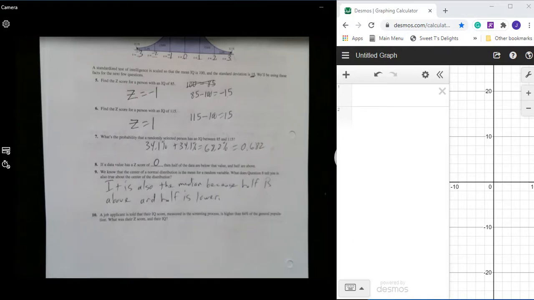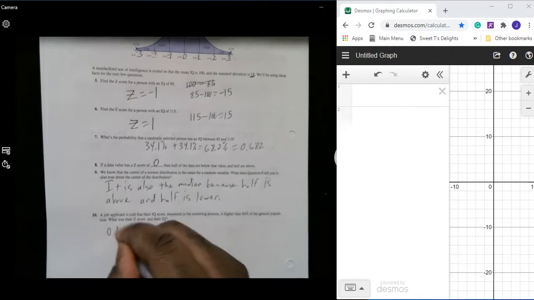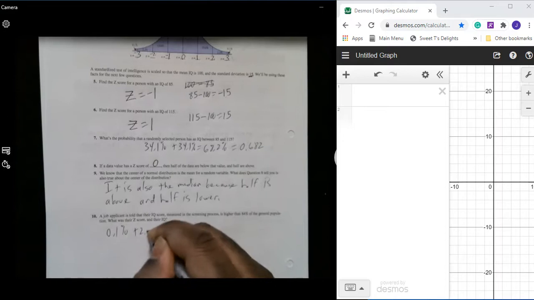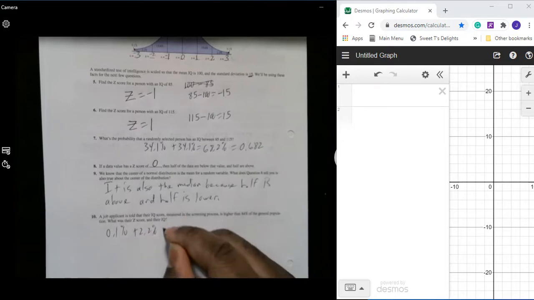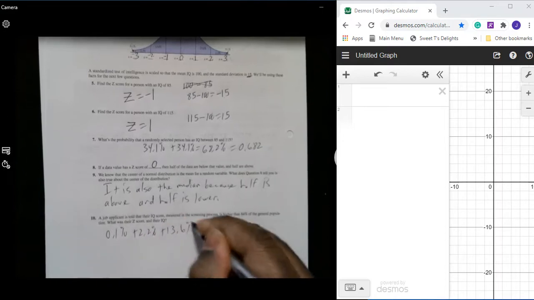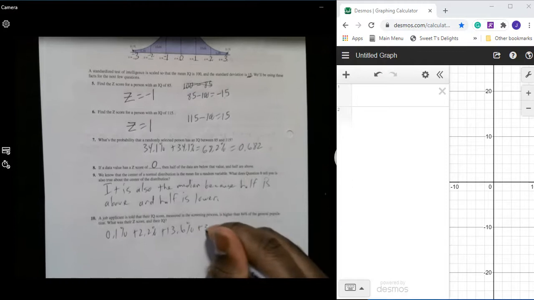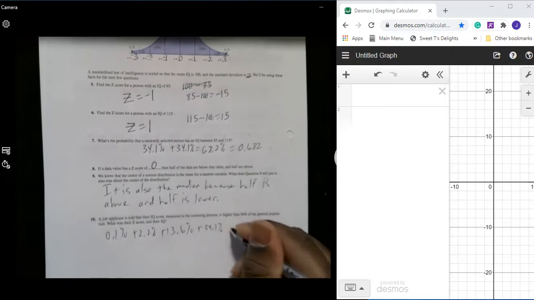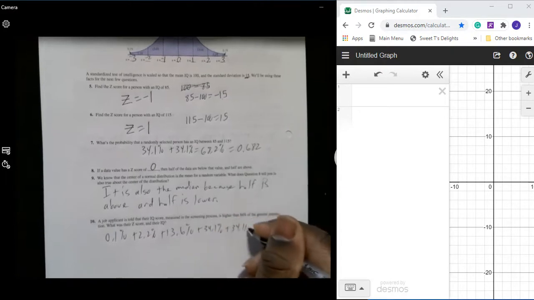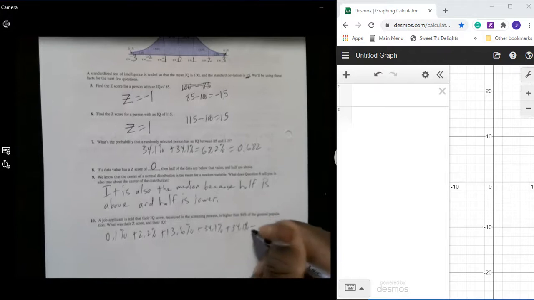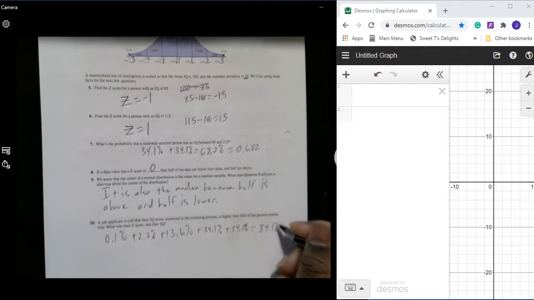Okay, so this is what we would need to do. We would need to add up until we get to 84%. So we add 0.1%, we add 2.2%, we add 13.6%, 34.1%, and 34.1%. And when we add all of these up, that gives us 84.1%.